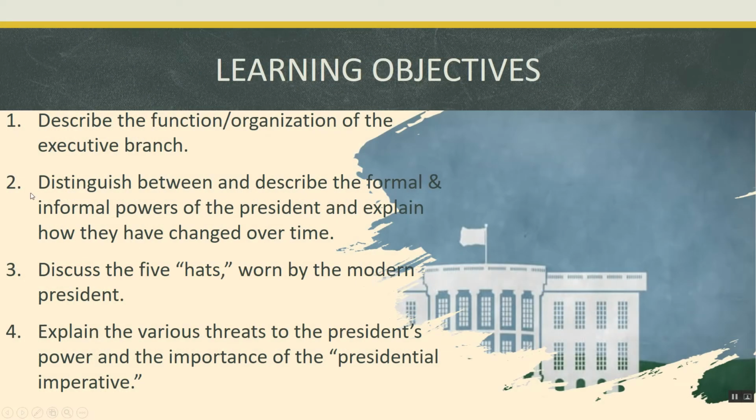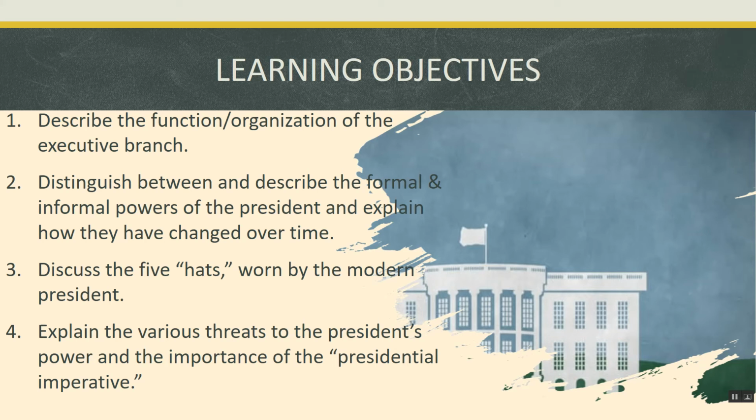For this video, there are a series of 4 learning objectives that you can focus on as you begin to take notes and move through lecture. The first learning objective asks for you to describe the function and organization of the executive branch as a whole. The second learning objective asks for you to distinguish between and describe the formal and informal powers of the president and explain how these have changed over time.